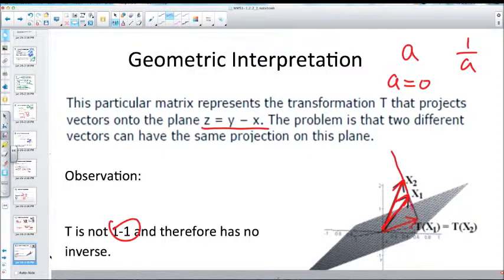If they are lined up, you can project them with the same shadow. So clearly, projection is not one-to-one. Just like people could look different, but if their shadow is the same, it does not mean the people need to be the same. So since it's not one-to-one, you are not going to invert it. Just like a function, if it's not one-to-one, you don't have an inverse. That's why the inverse matrix does not exist.